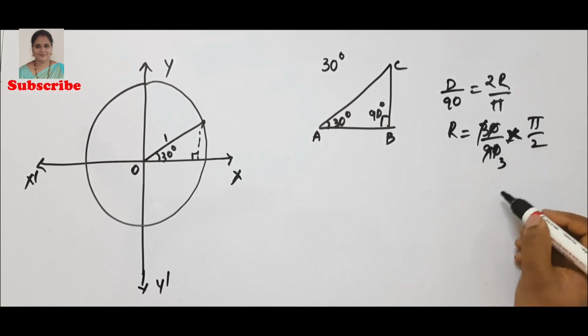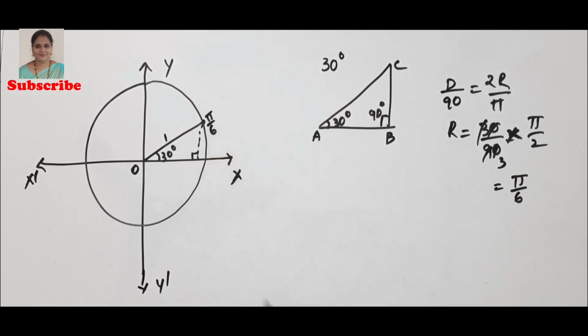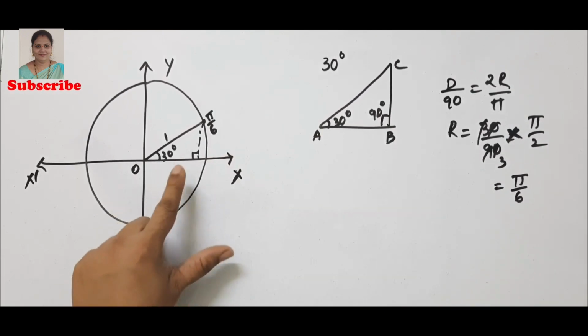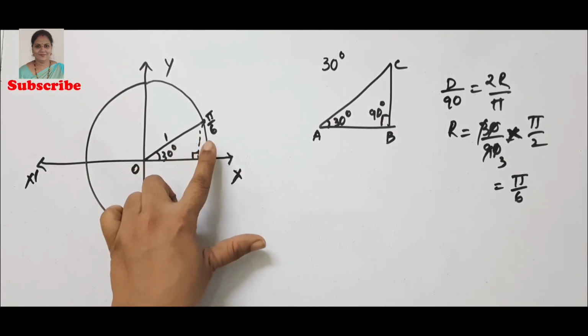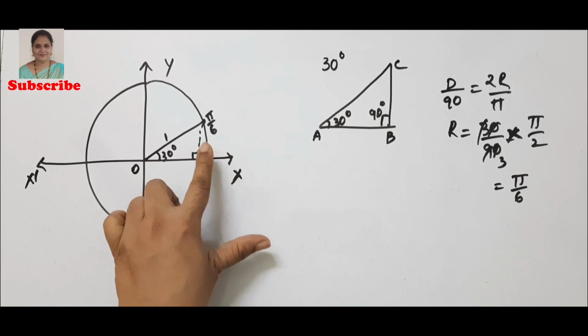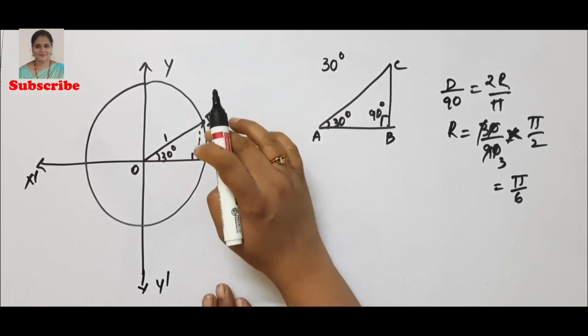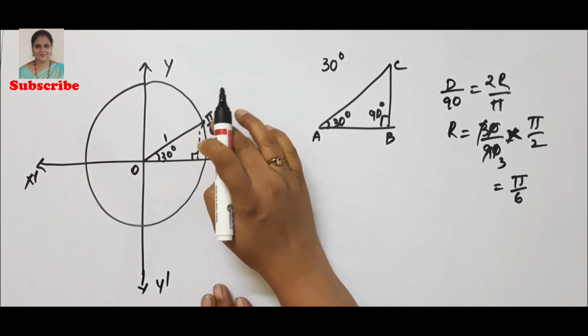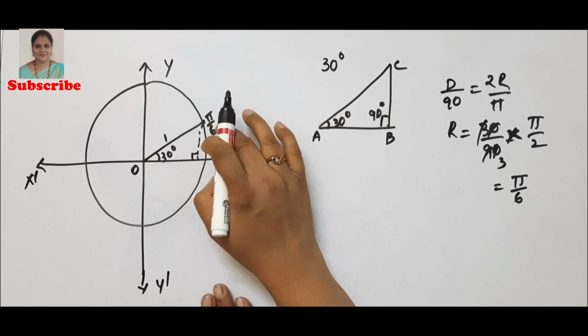So this is nothing but pi by 6. So this 30 degrees can be written as pi by 6. So at pi by 6, we have to get the values of the x and y intersection points. That is, we are going to get the value of this point when the ray is making an angle of pi by 6.